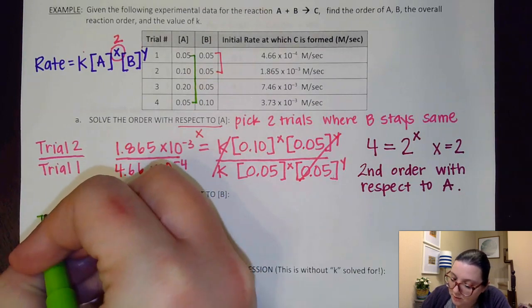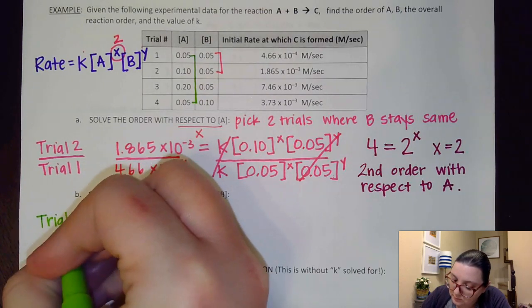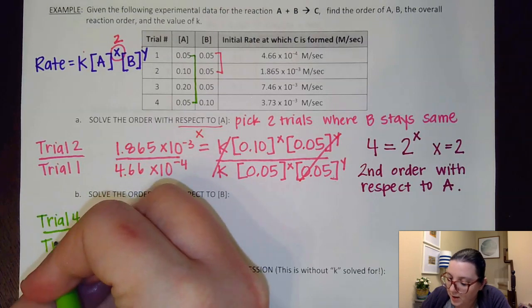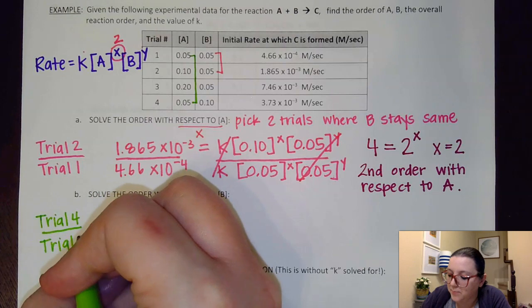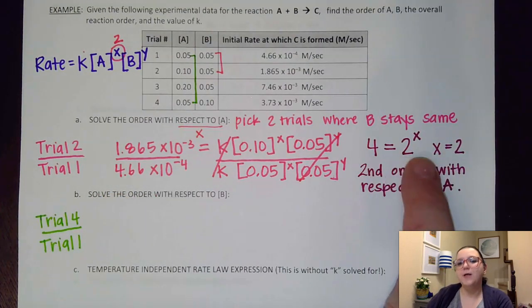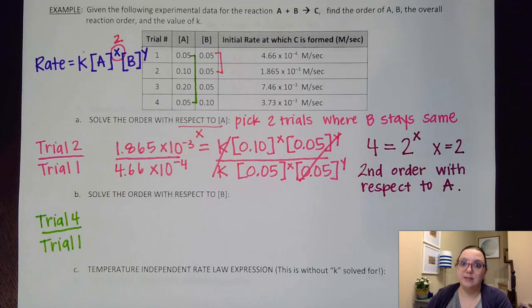So I'm going to put trial 4 over trial 1. By the way, the reason I put the bigger trial on top is so that when I get to this point over here, the numbers come out pretty clean. If you put the larger one on bottom, you end up with decimal numbers over here, and sometimes that calculation isn't quite as obvious.